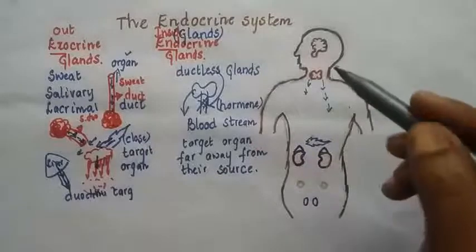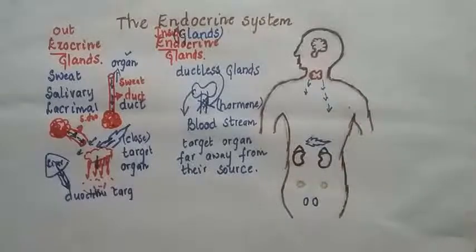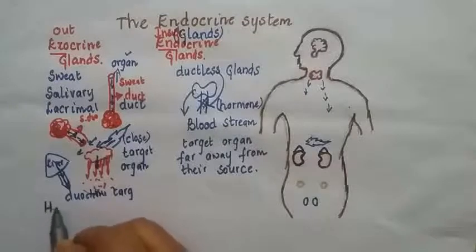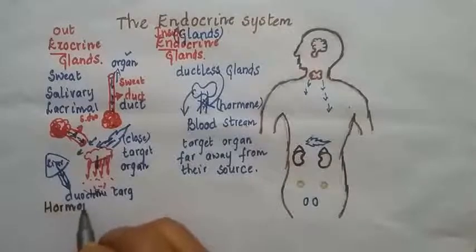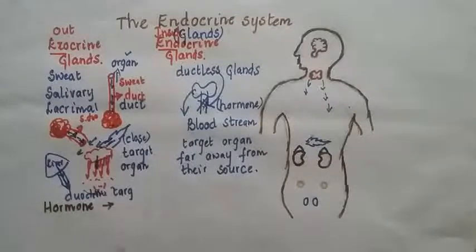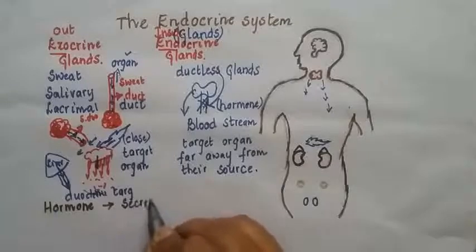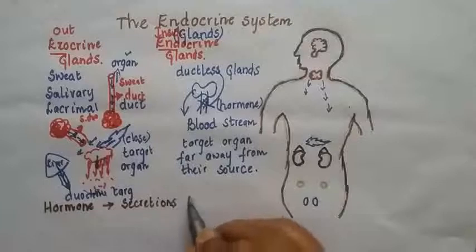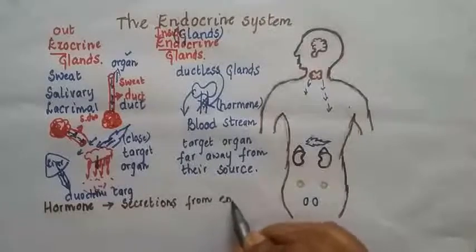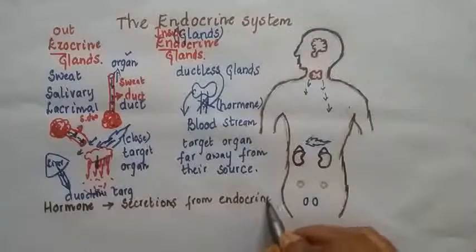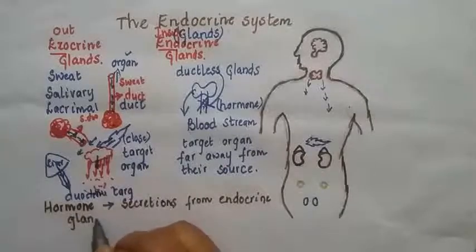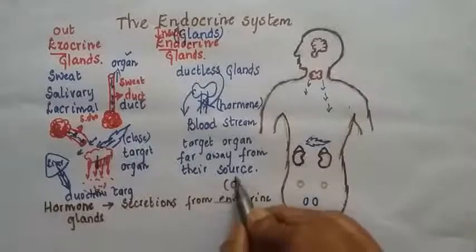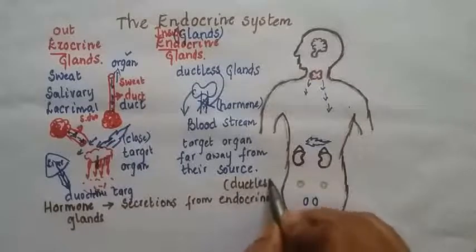Now, before we learn about the endocrine glands, let us learn the definition of hormones, which can be expected for about 1 mark. So how do we define the word hormone? Hormones are the secretions from endocrine glands. Children, you can also write it as ductless glands.